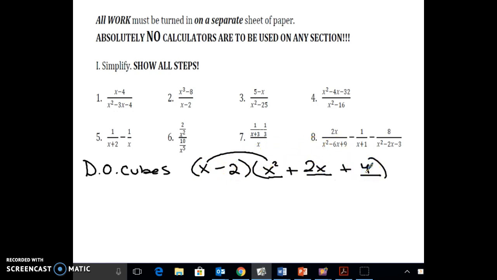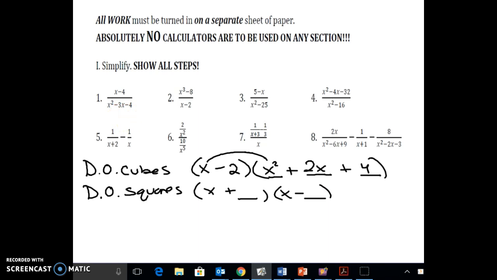So this is going to be this top part factored. This is a difference of squares. So with your difference of squares, you always want to have a plus and a minus, and then whatever the square root of that number is, you'll put here. Same thing with number 4. So for 1 through 4, you're just factoring and canceling.